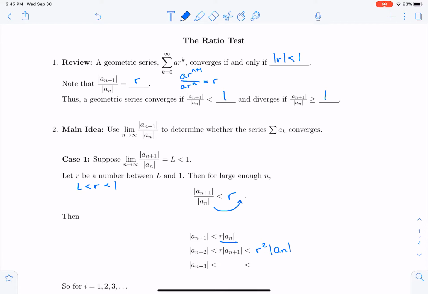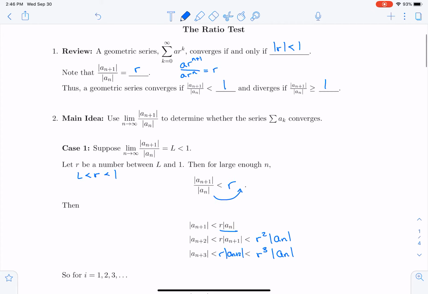Okay. Well, what about a_(n+3)? Well, that's going to be less than R times the absolute value of a_(n+2). But we already showed that that's less than R squared a_n. So a_(n+3) is less than R cubed times a_n. So we're starting to establish a pattern here.